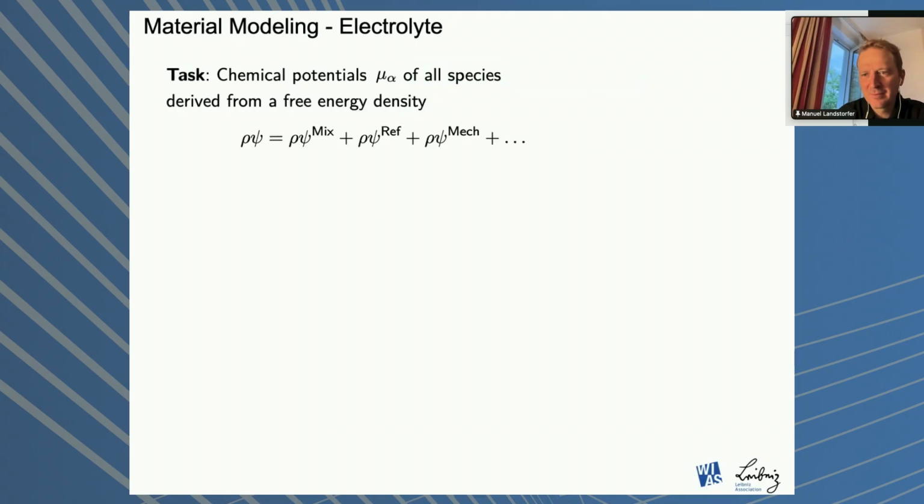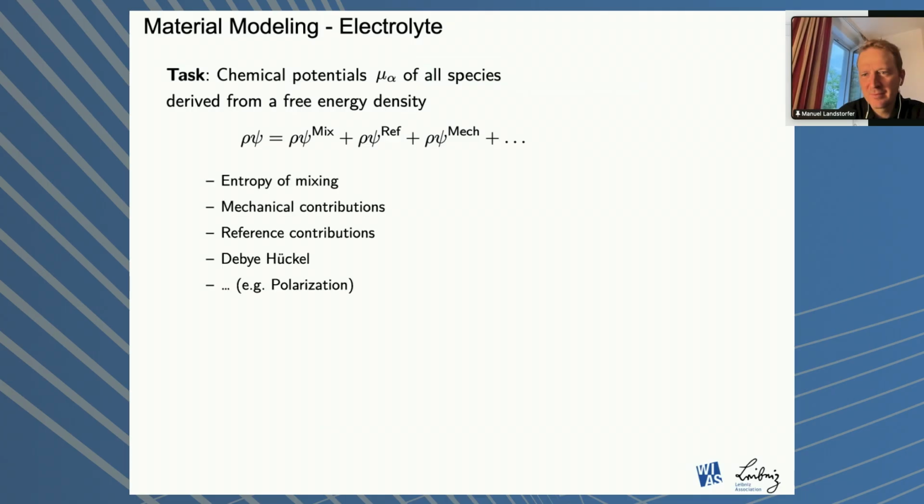And in order to do so, you have to state a free energy density, which has a lot of different types of contributions: entropic contributions, mechanical contributions, some reference contributions of the pure substances, Debye-Hückel contributions, polarization, and so on. And the key idea is always that the free energy density is additive based on these different components.